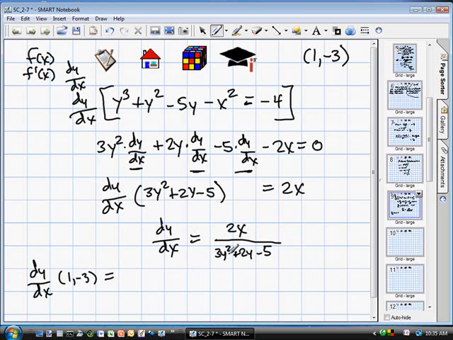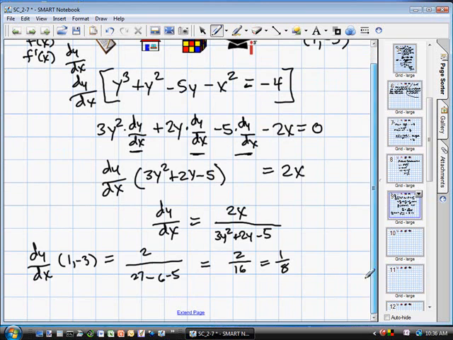So plug in a 1 for x and a -3 for y, and what do you get? 2 on the top, 27, minus 6, minus 5. So I come up with a derivative at that point of 1/8. So it's no big deal. You just have to plug in both x and y now. And then you can, from there, you know what to do.